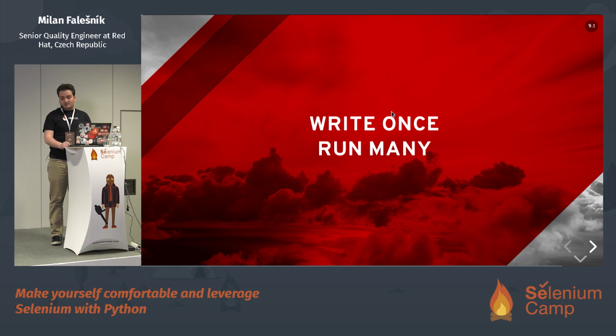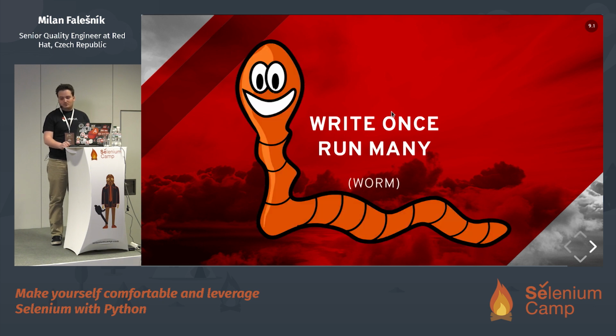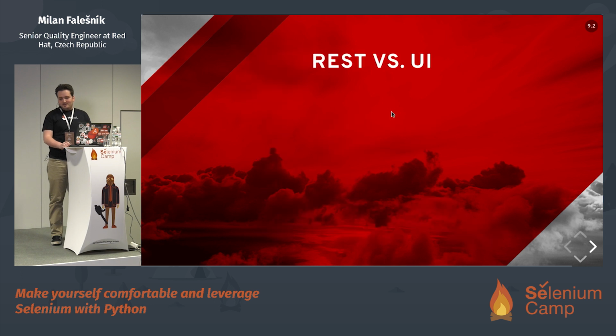Then there is the last thing, and it's called write once, run many, or as we call it, WORM. As I said about the collections and models, etc., you may have noticed that interacting with it looks quite like interacting with the REST API.